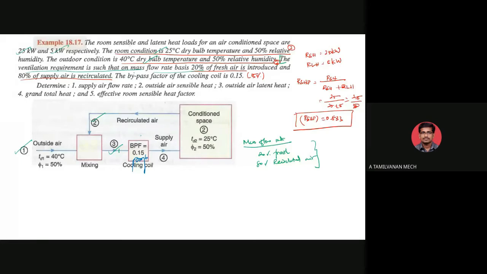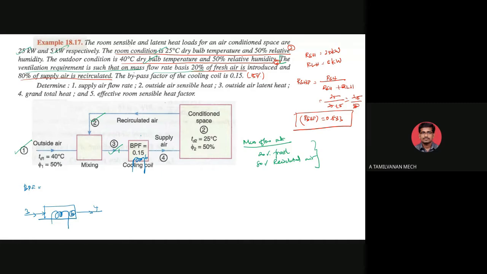Next you are going to study the bypass factor. What is the formula to write the bypass factor? Because it is the cooling coil, the air enters at a temperature of, say, point 3 and leaves at a temperature of 4. The coil temperature is nothing but 6.